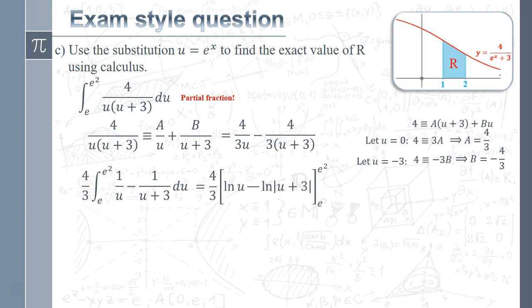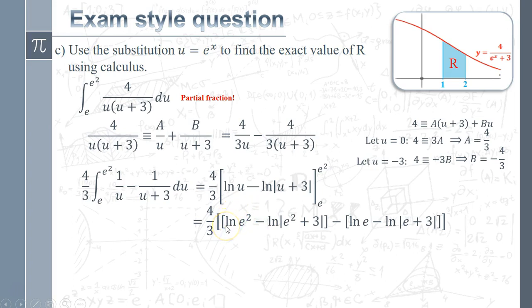Now we can do the integrating, and we're going to get lns from integrating 1 over u and 1 over u plus 3. Substitute in the limits, and the intention is to subtract. There it is. So here we've got e squared subbed in, take away what we get when we sub in just e. Now, what tidying up do we do here? Well, this thing here, ln e squared, bring the 2 to the front using your log laws.